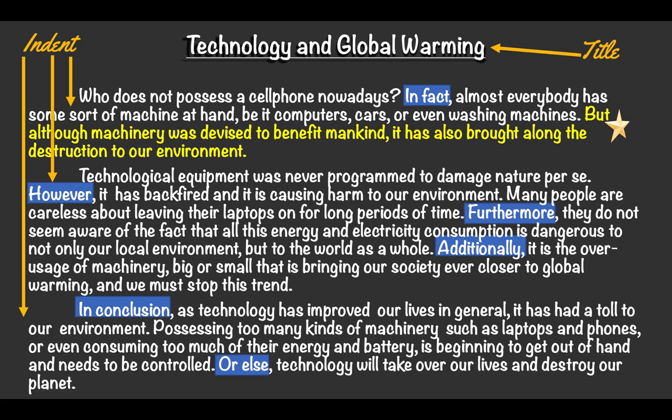Now, this is the essay that I wrote. We have a title. As you can see, we have 3 paragraphs. So it's a 3-paragraph essay with an introduction, a body, and a conclusion. In the introductory paragraph, we have a thesis. That will be your last sentence of your introduction.